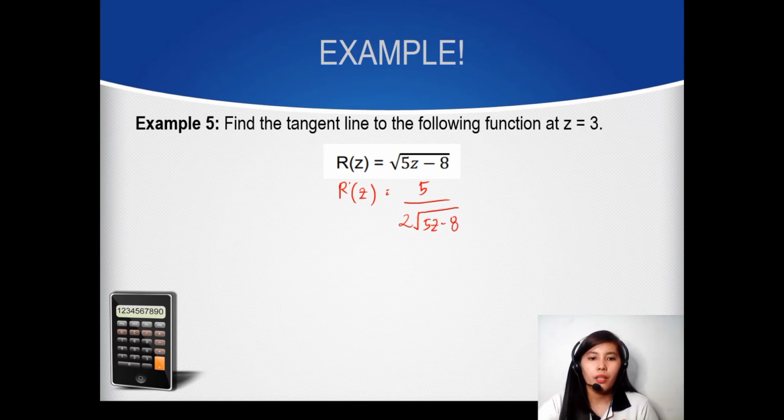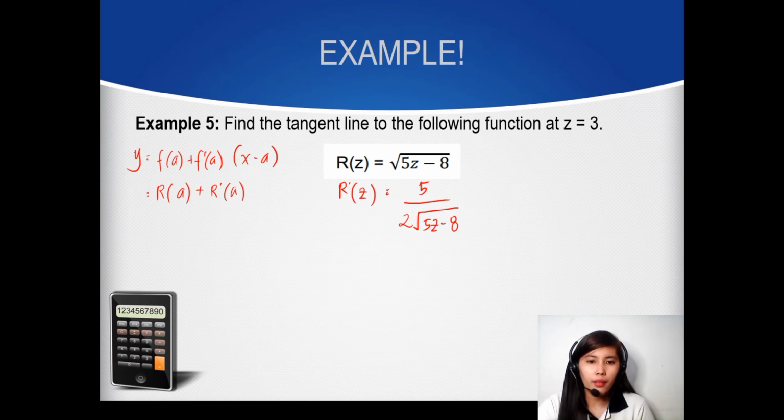So we will apply the equation of the tangent line, y is equal to f of a plus f prime of a times x minus a. But since we are given r of z as a function, this is r of a plus r prime of a.